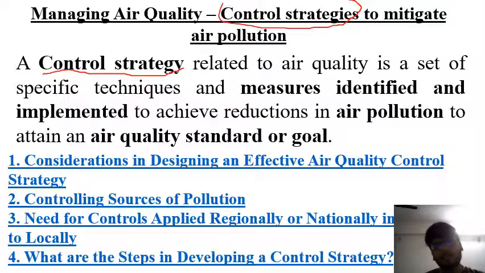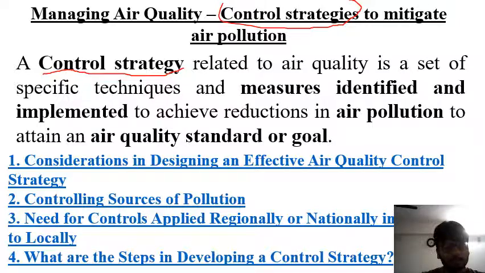Basically the control strategy includes a set of specific techniques and measures identified and implemented to achieve reduction in air pollution to attain an air quality standard or goal. There are different parts of the control strategy. The control strategy to manage air quality consists of 4 different steps.